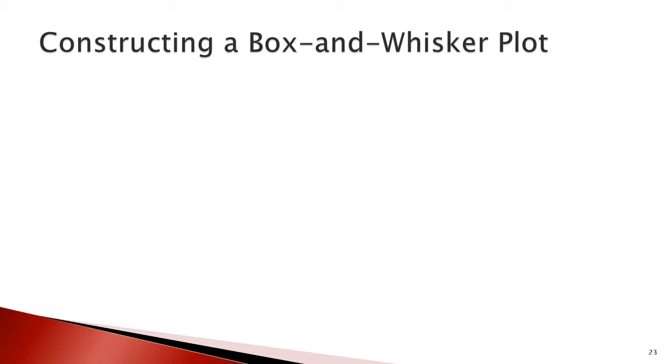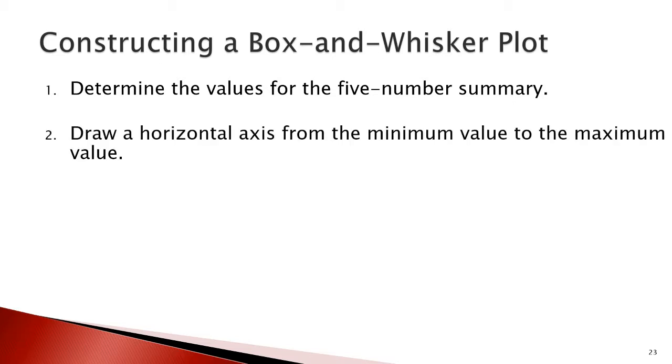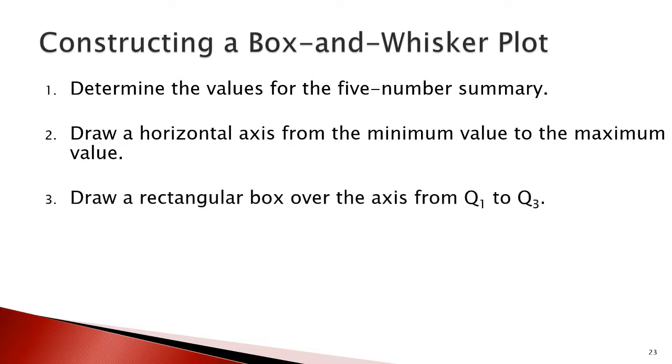So let's learn how to construct a box and whisker plot. The plot is based on the values of the five-number summary. First, we draw a horizontal axis from the minimum value to the maximum value.